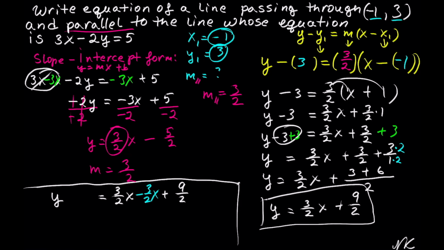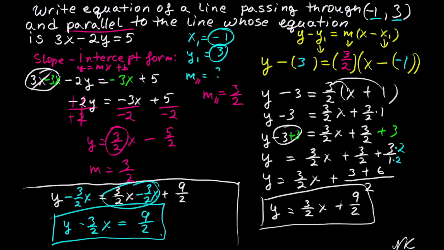Whatever we do to one side, we have to do the same thing to the other side to preserve equality. So minus 3 out of 2x on the left, and we get y minus 3 out of 2x equals, this adds up to 0, so 9 out of 2. And this is our solution in standard form.